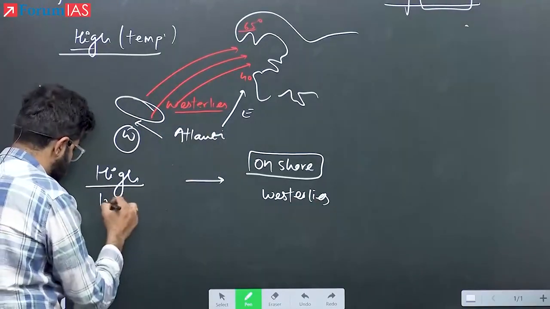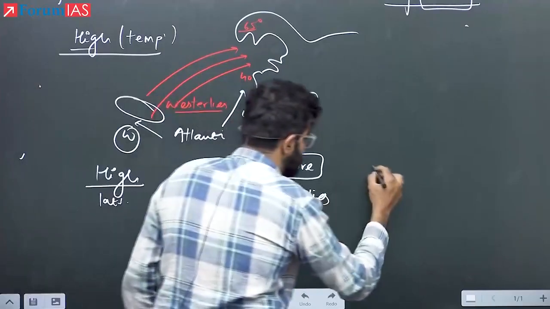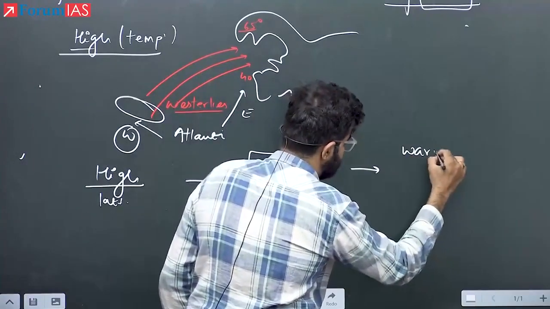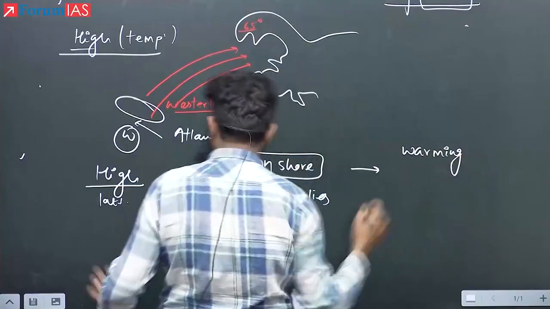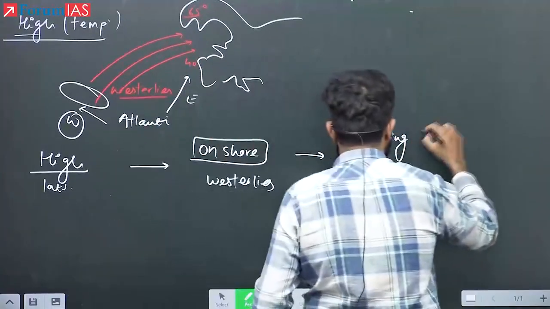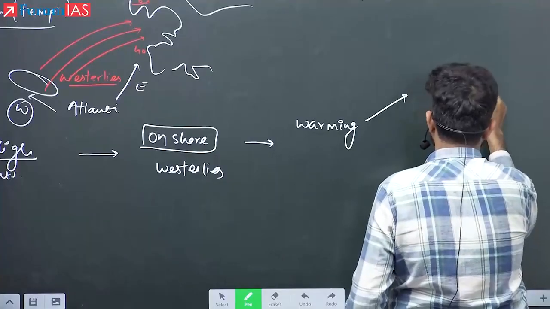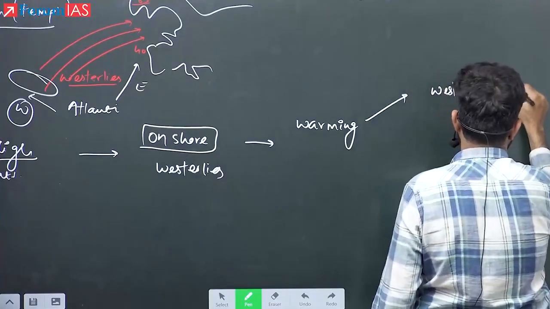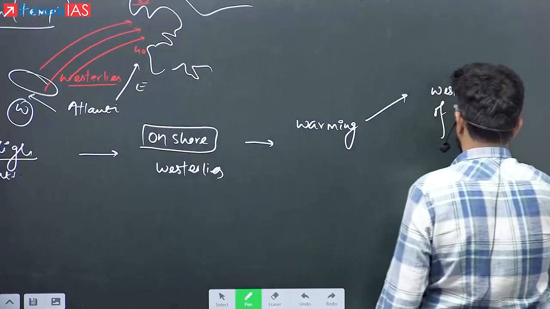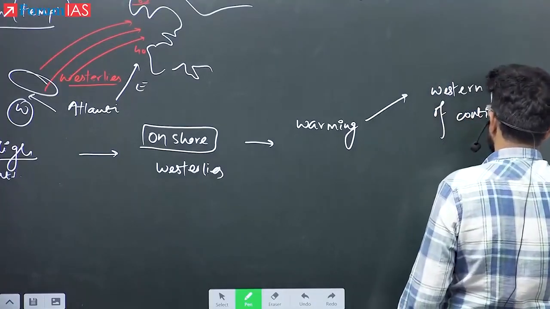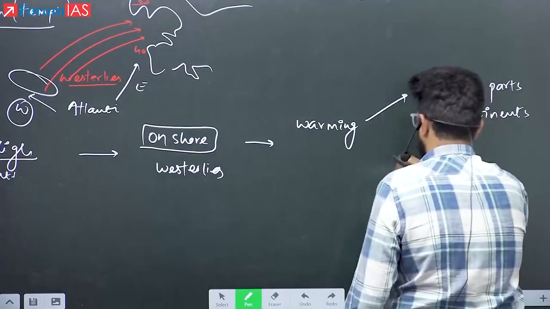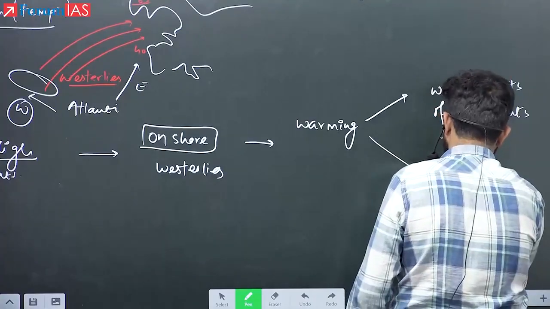Tell me now. Western margin of continents. I am writing both the things now so that confusion would be removed. The western parts of the continents, and the eastern parts of the continents.